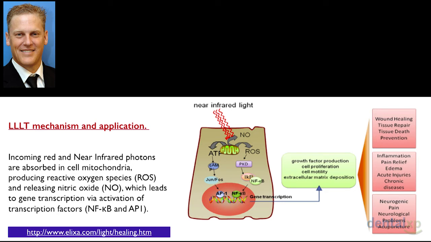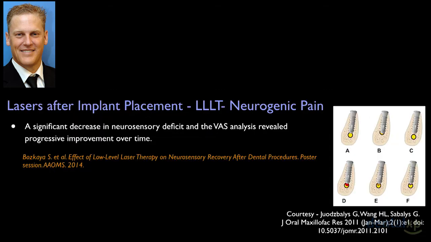The reality is it improves wound healing and tissue repair, it decreases inflammation and edema and provides pain relief. And very exciting, it also provides relief for neurogenic pain, for those situations where a patient has problems after the initial surgical procedure.